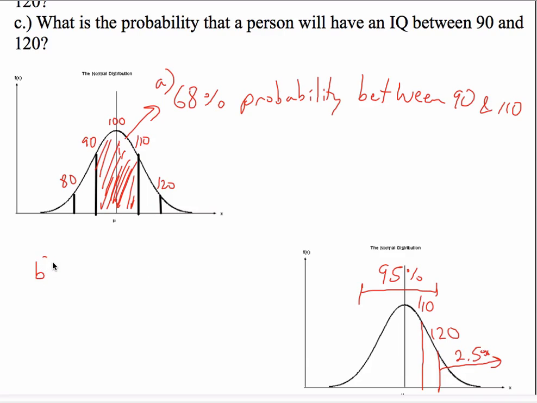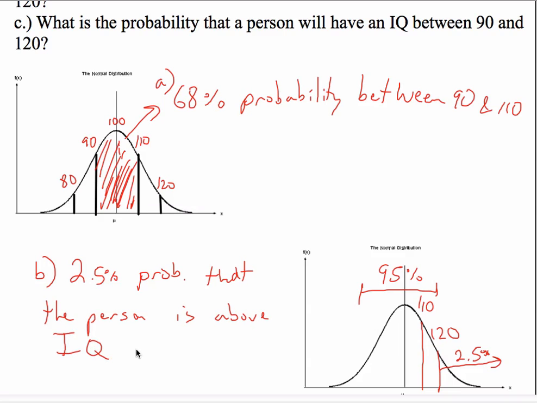So for part B, there's a 2.5% probability that the person is above IQ 120.